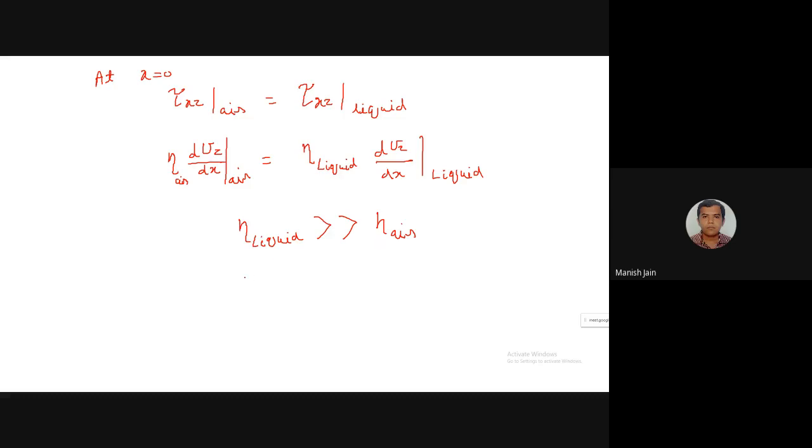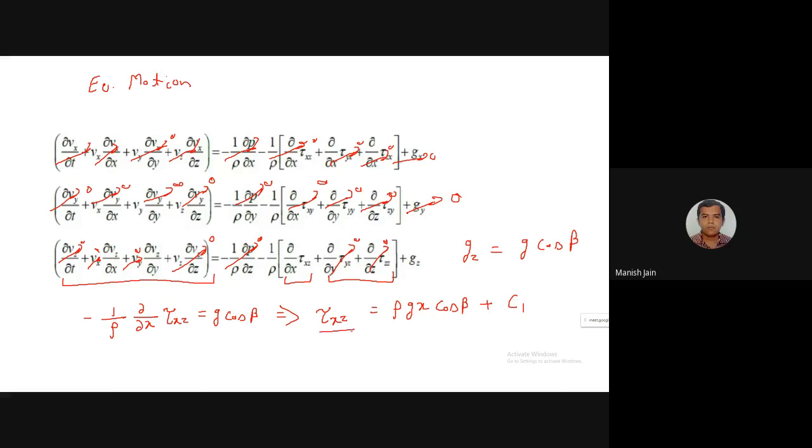That means this is only possible when dvz by dx for liquid should be several times less than dvz by dx for air, and this shows that this value should be negligible. So tau xz for air should be negligible.